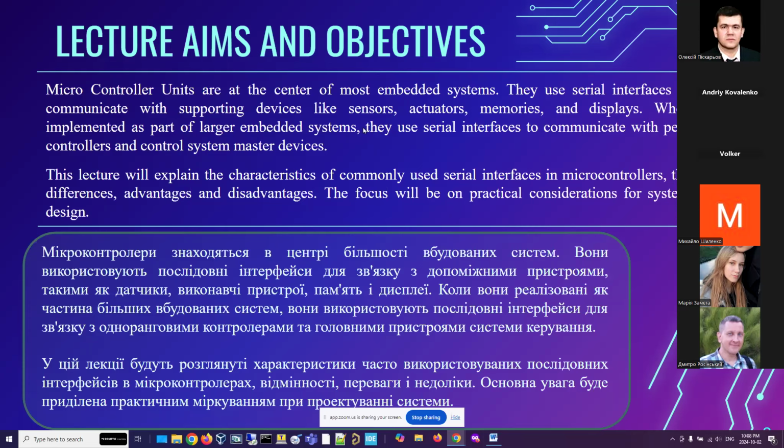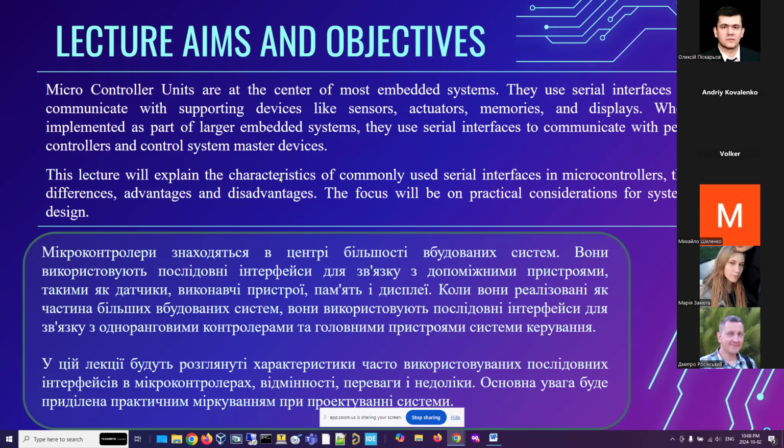In those cases, they use serial interfaces to transfer information to the higher level systems, to PCs and Linux devices.